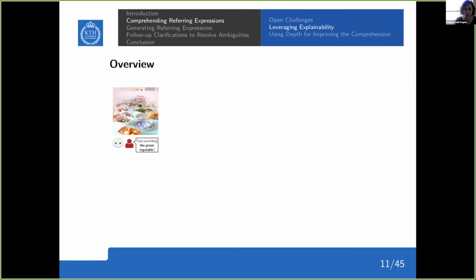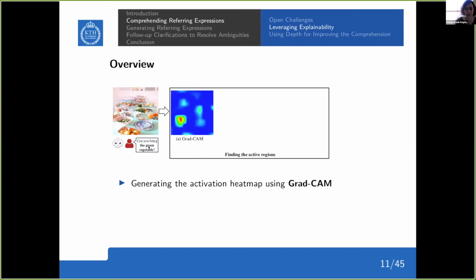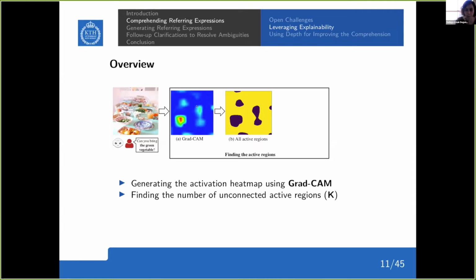So let's move on to our model. Firstly, we have a user saying, can you bring the green vegetable. And we generate the heat map activation using the GradCam module. Then we compute the number of unconnected areas in this heat map activation. As you see in here, these unconnected areas are computed.